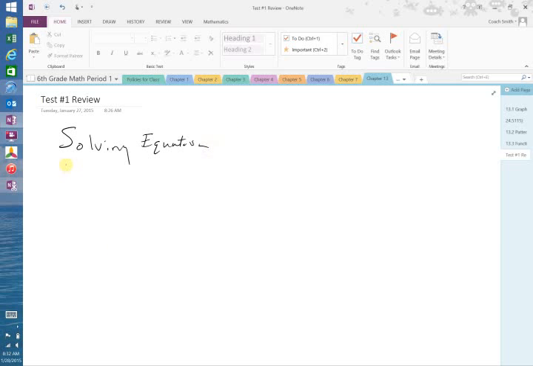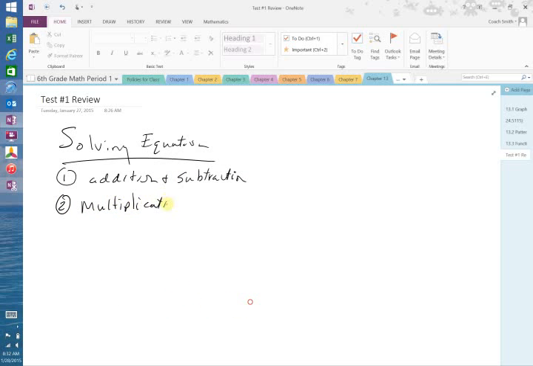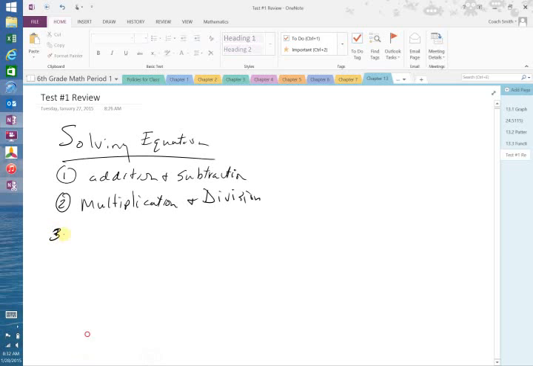You'll have solving equations with addition and subtraction. You'll have solving equations with multiplication and division. And then you'll have two-step equations that you have to solve.